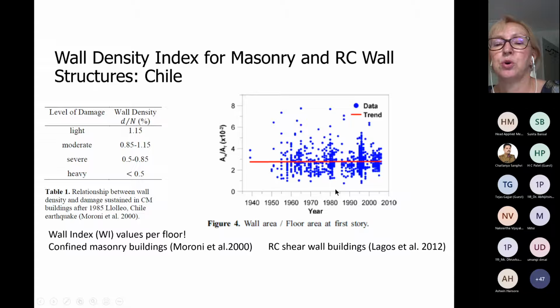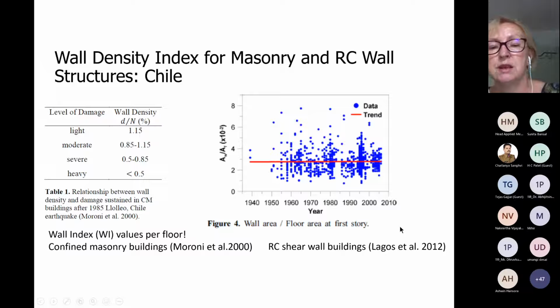They wanted to show that in some cases they got lower percentages, now around 3%, whereas 10, 20 years ago, like in 1995, many buildings had 5% or 4%. In any case, what is relevant for us studying confined masonry are the values that I've shown. You can see a value of 1, or 1.2, let's say, or higher means no damage, and less than 0.5 means heavy damage.